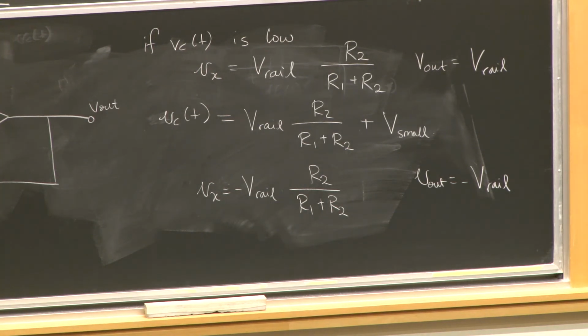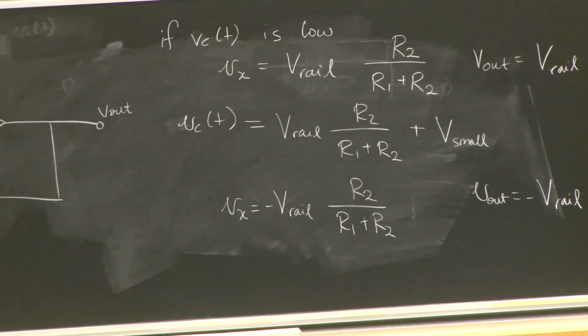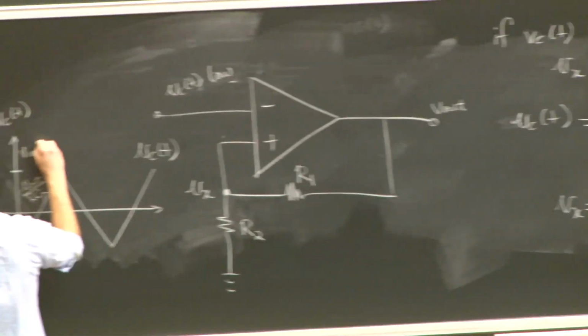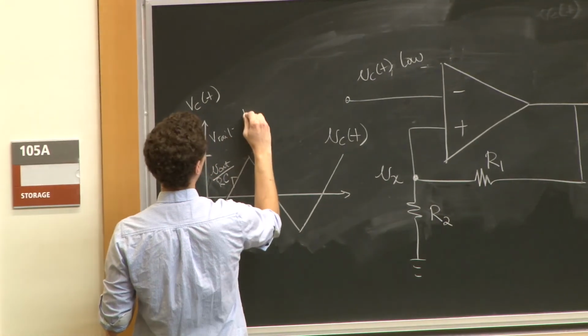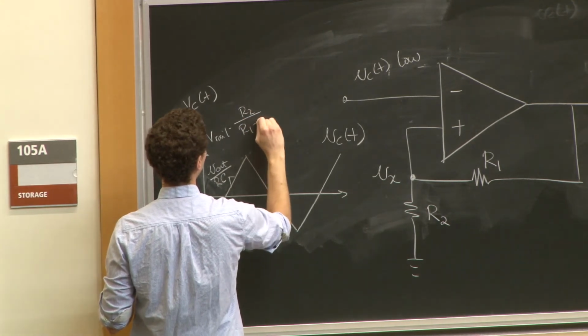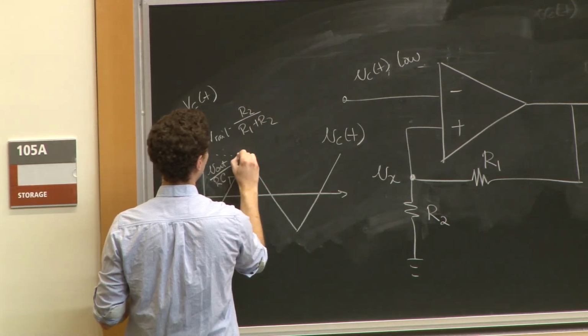So I'm going to keep going up and down with my capacitor voltage. My output voltage is going to be fixed high, low, high, low, and it's going to keep going. So that's the voltage I need to get to. This is V rail times R2 over R1 plus R2. That's this voltage.